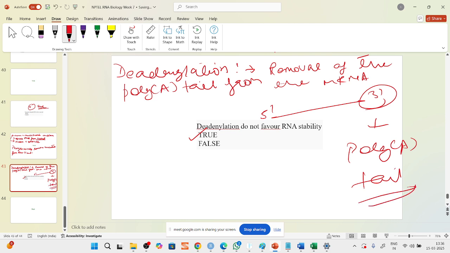And these 5' capping and 3' poly A tailing are actually stabilizing the mRNA. These two things actually stabilize the mRNA, and it helps in increasing the stability of RNA. So if you have de-adenylation, which means the removal of the poly A tail from the 3' end, when the 3' end poly A tail is getting removed, is it increasing stability or will it decrease stability? Of course, it will decrease stability.